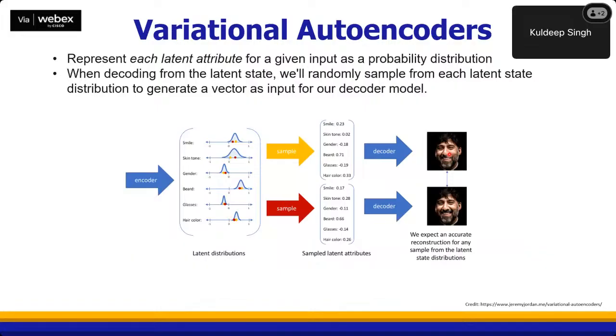And you can see the decoded output is very close by because they are sampled from the same distribution. So these points are nearby. I hope this is clear. So that's the basic difference between autoencoders and variational autoencoders.